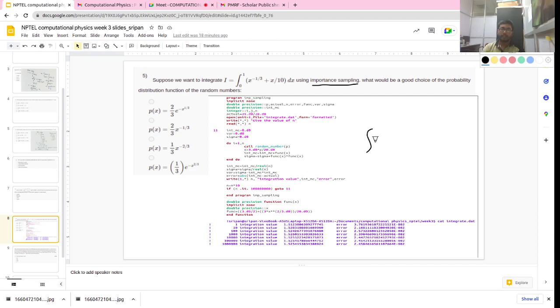Let's say you have a limit of a to b, and you have a function f(x) dx. In importance sampling, from a to b, you can write it as f(x) by p(x), that particular distribution function, then p(x) dx.